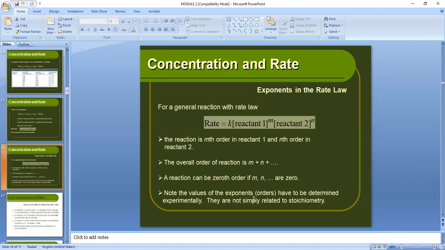So note the values of the exponents or the orders have to be determined experimentally. So you are to be provided with a set of empirical data so that you can come up with the correct n and k for your rate law for a particular reaction. So they are not simply related to stoichiometry. They could be related to stoichiometry when it's really specified in the problem that your reaction is elementary.